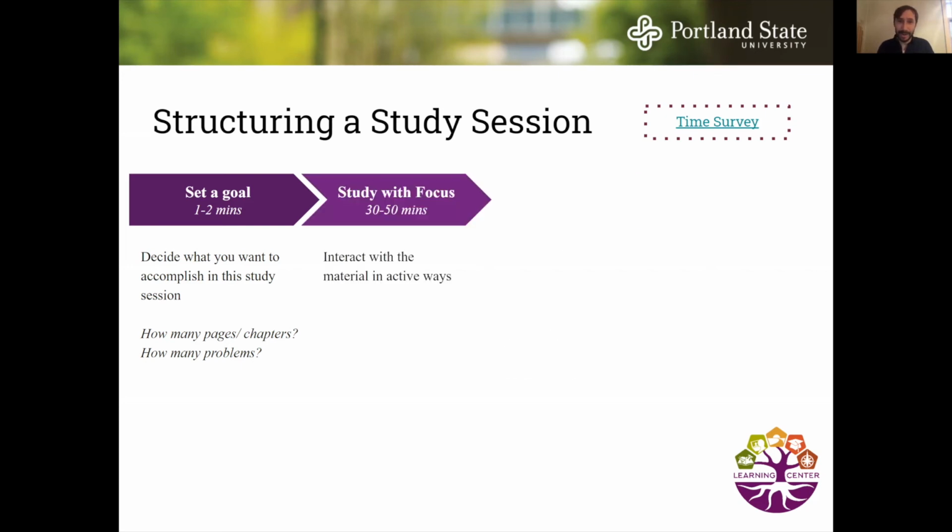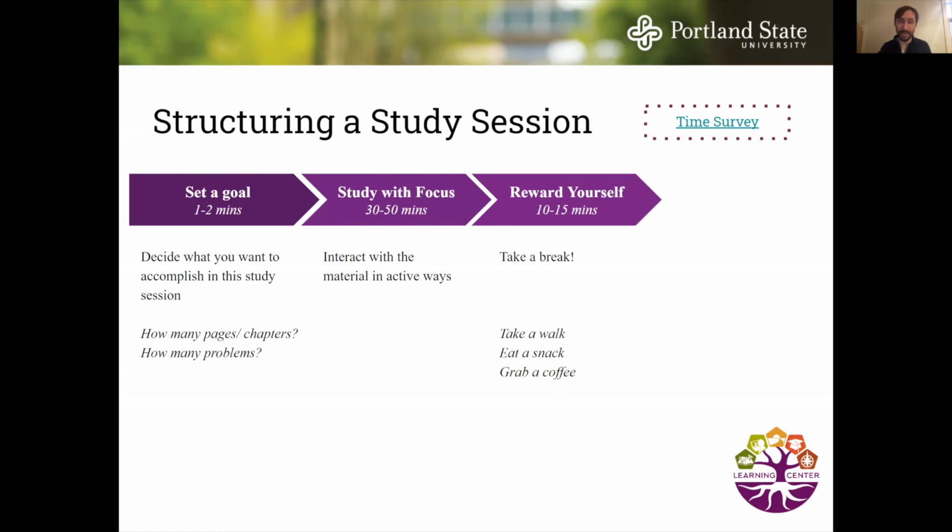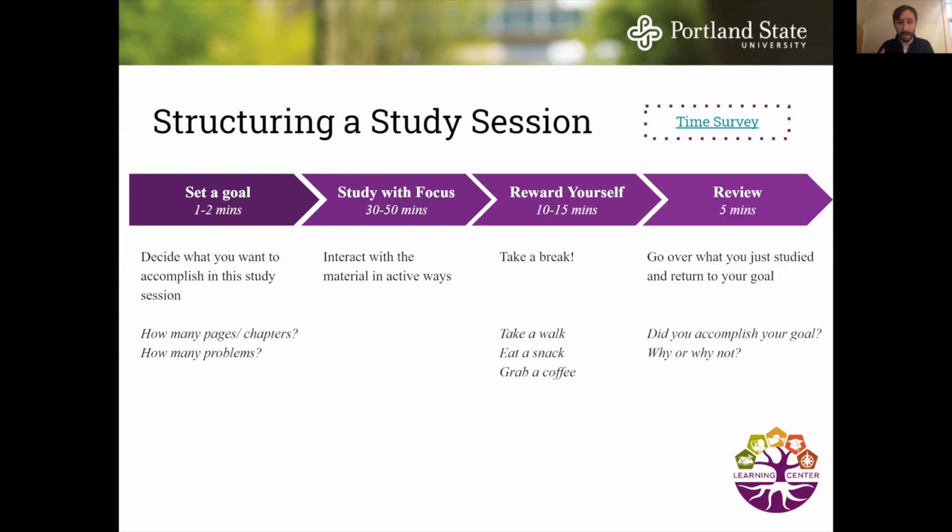But that's an unhealthy way to have our relationship to our education. So this is a way to structure your time that helps keep you motivated and keep your endurance up. It breaks up your time into four different parts. You can think about the study session as a standalone block of maybe an hour to an hour and a half.